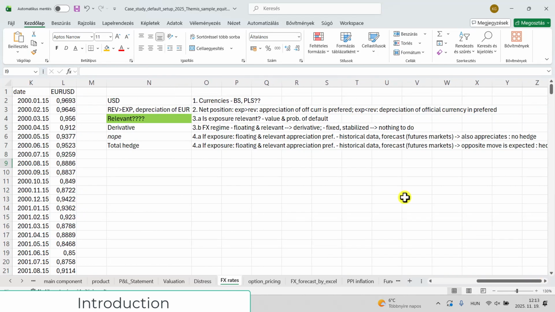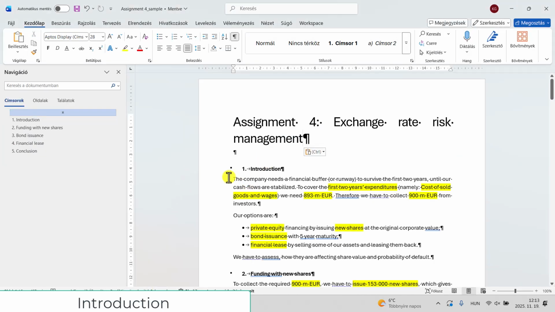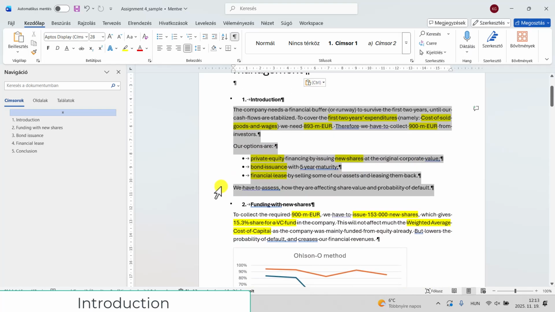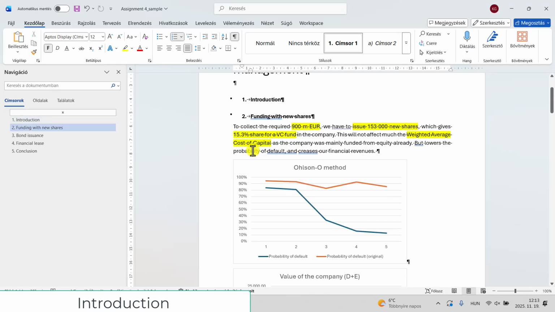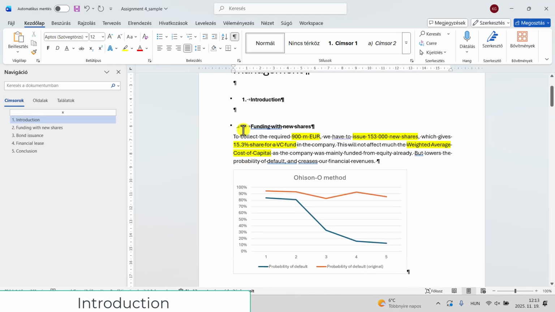As last week we talked about it, we have to go through the following steps. We have to define the nature of our exposure, and that's why we have to rewrite the introduction.